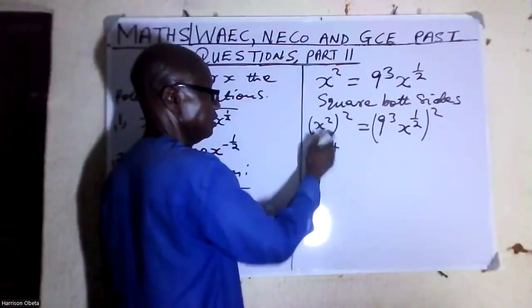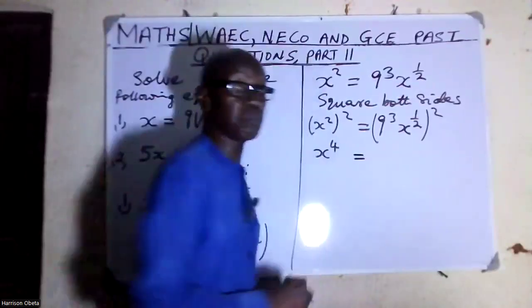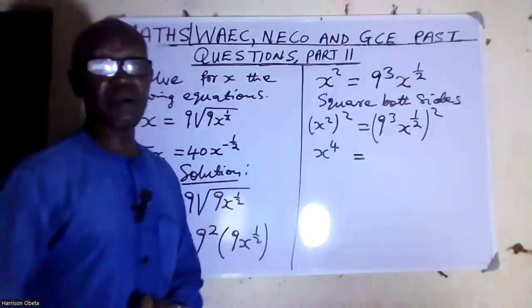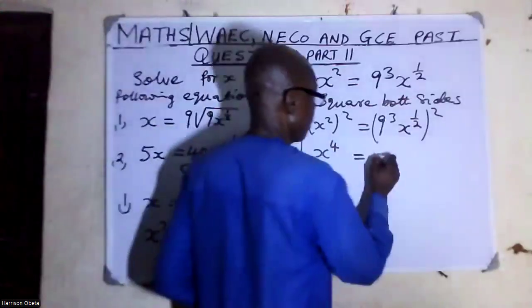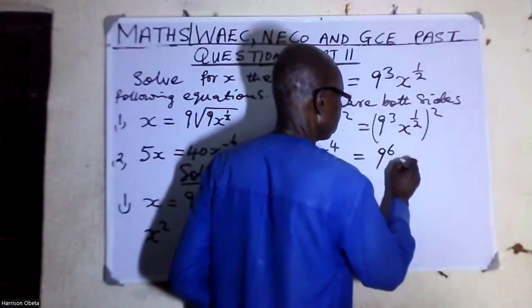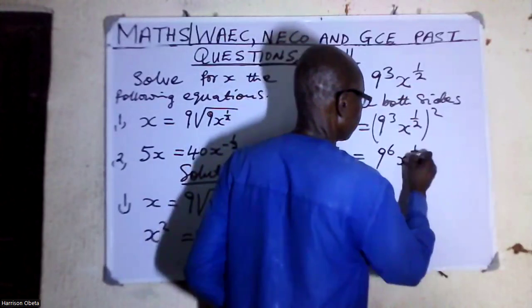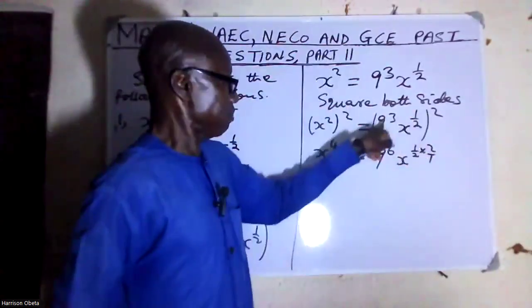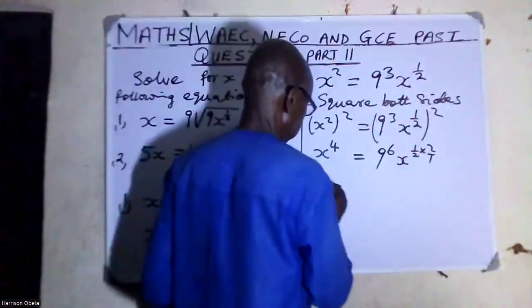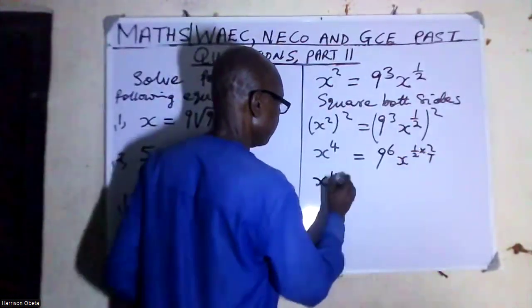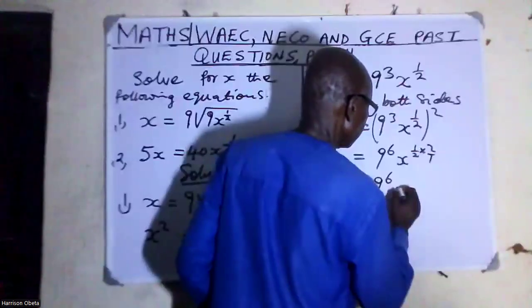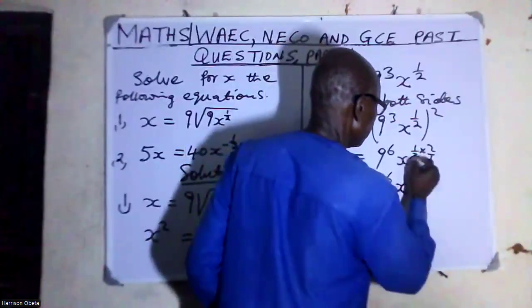That is simplifying this from laws of indices. You just use this and multiply the power. And then the other one will be 9 raised to the power 6 x raised to the power half times 2 over 1. That is using this to multiply the powers. And that will give us x raised to the power 4 equal to 9 raised to the power 6x, because this will divide.